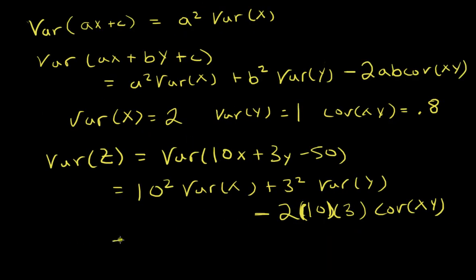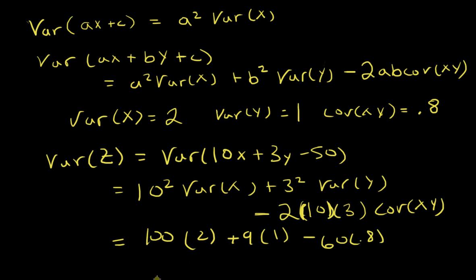All right, so what do I have? I have 100 times 2 plus 9 times 1 plus 2 times 10 times 3, which is 60, times 0.8. I'll go ahead and pull up my calculator.